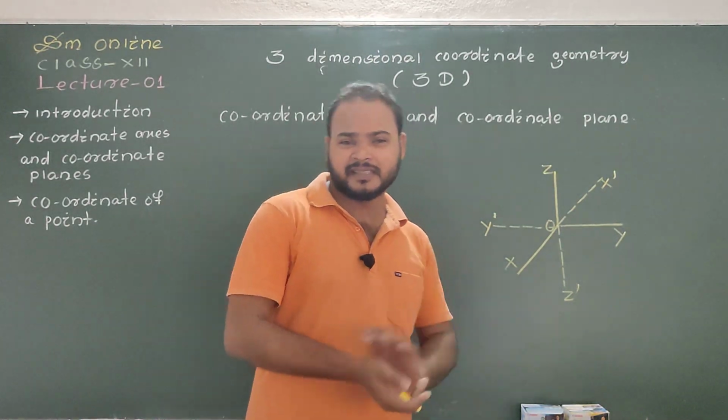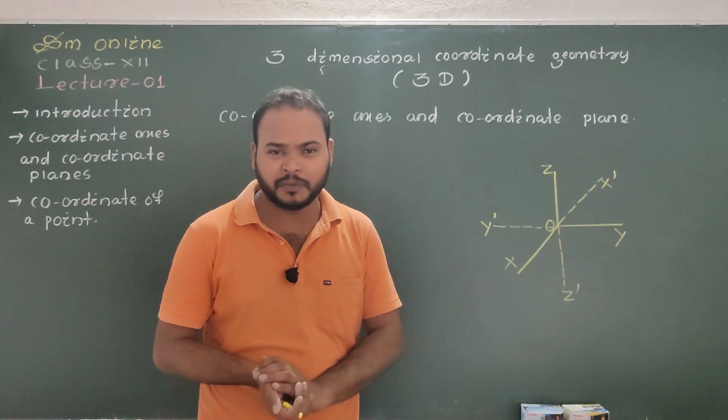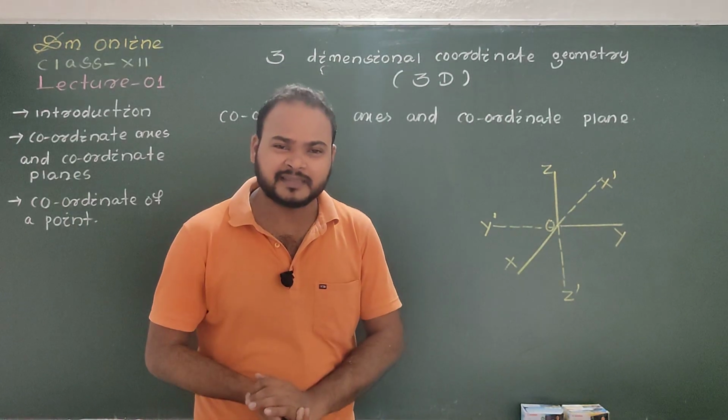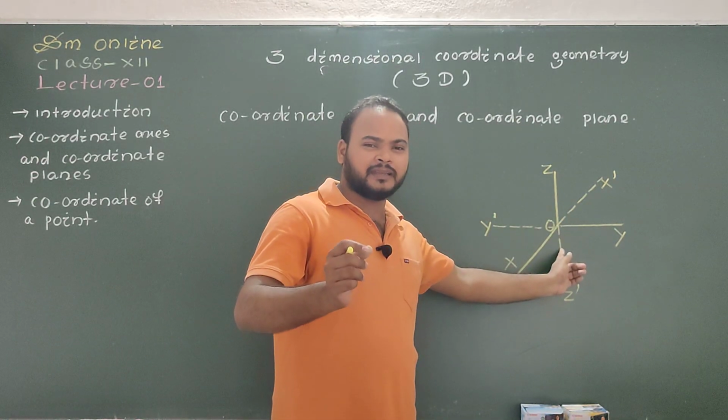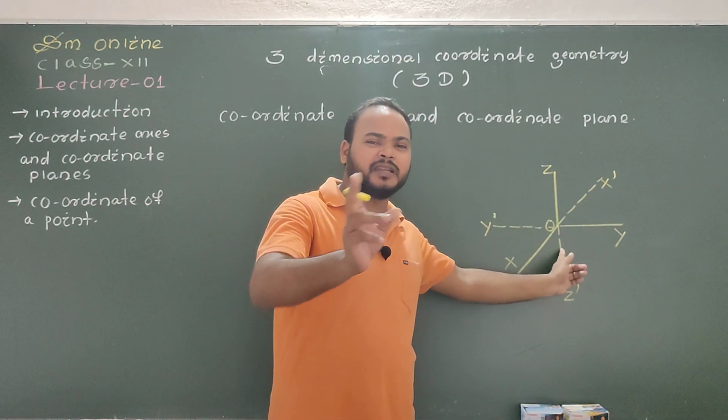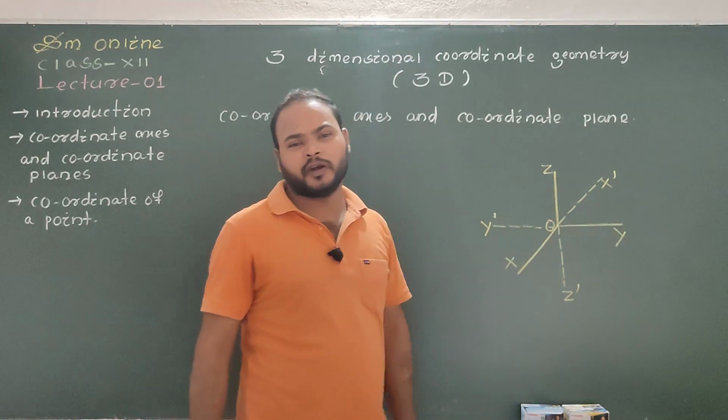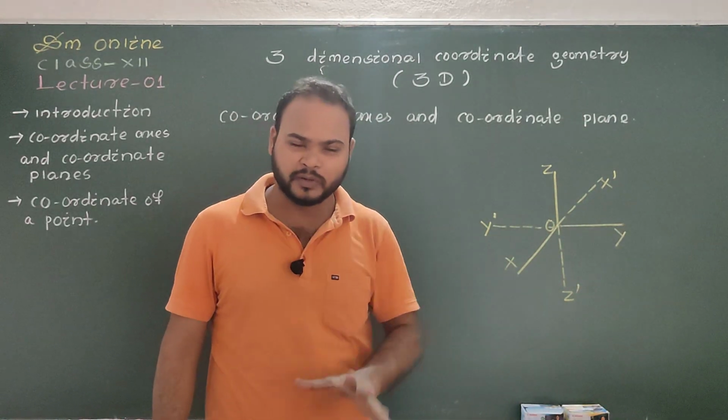Means these three lines are mutually perpendicular lines, and let us consider three lines meet at a point O, and that point O is known as origin.